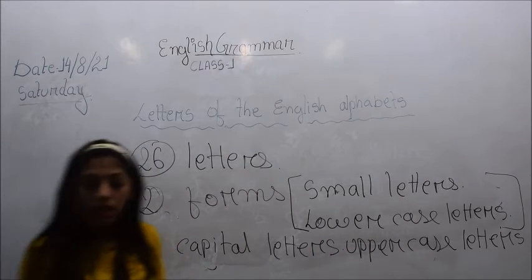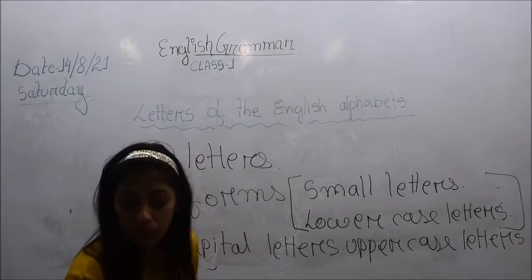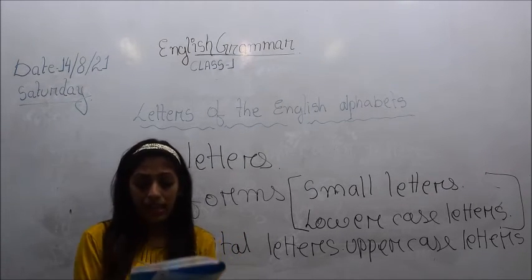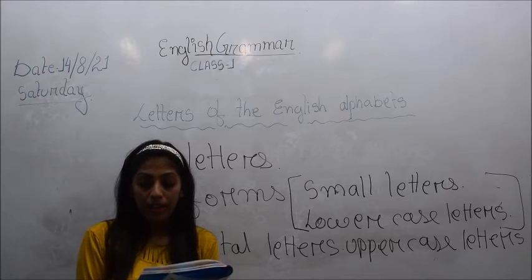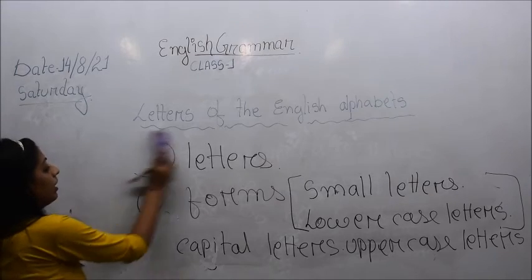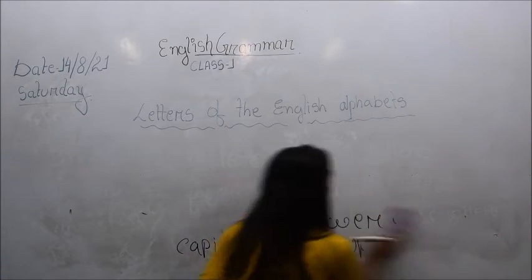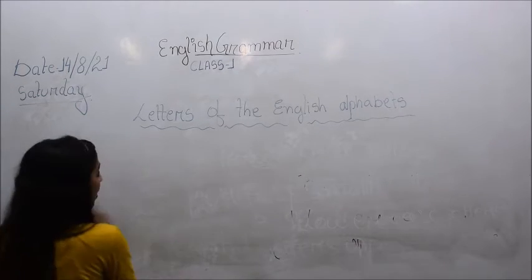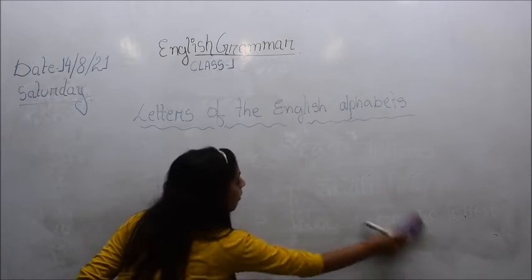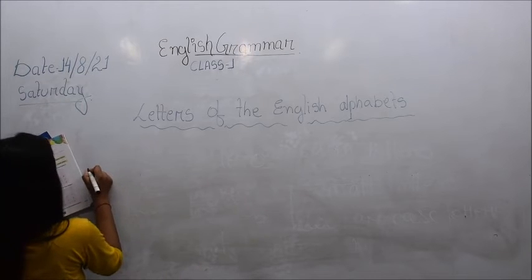Alright children, so I hope up to here it is clear, right? So the 26 letters follow an order known as alphabetical order. Okay, now we will see, children, what is an alphabetical order. Okay, alphabet means you have come to know, right? And now we will see what is an alphabetical order.